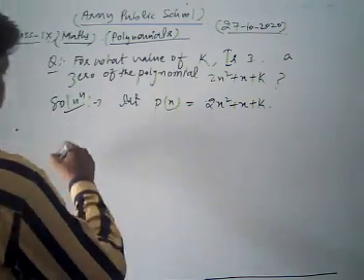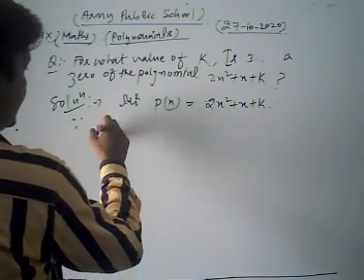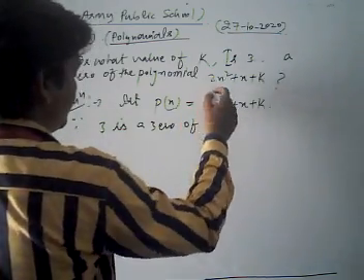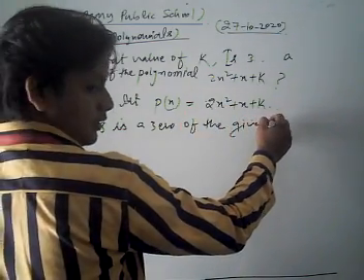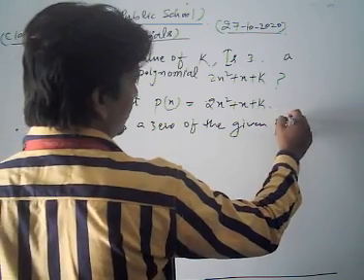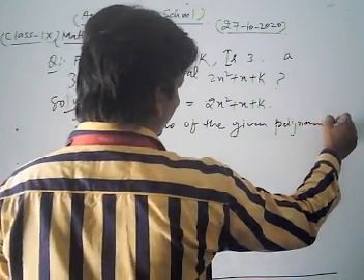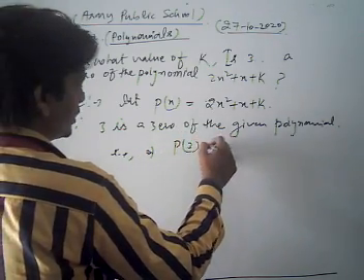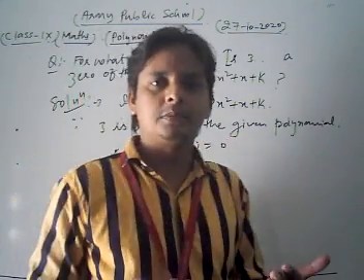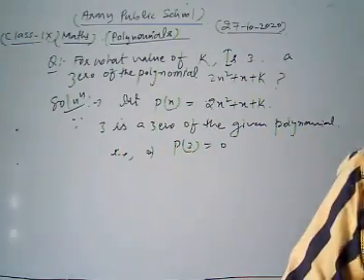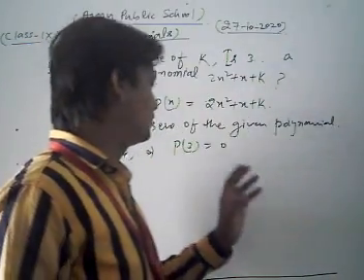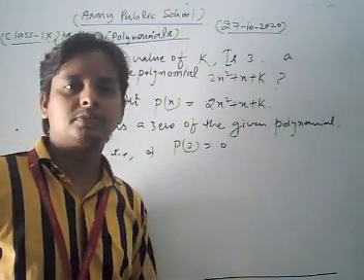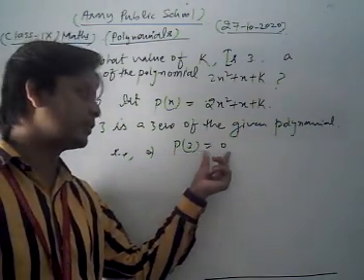Since 3 is a zero of the given polynomial, we must have p of 3 equal to 0, by the concept of zero of the polynomial that I just discussed.